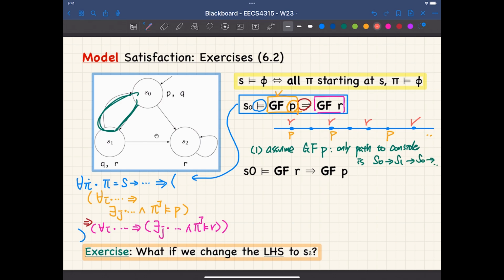And then number two, in that path, GFR, right? Alternating states, in that path R will always be true. Not always, but infinitely often true. That's important. All right, so the overall answer is true.